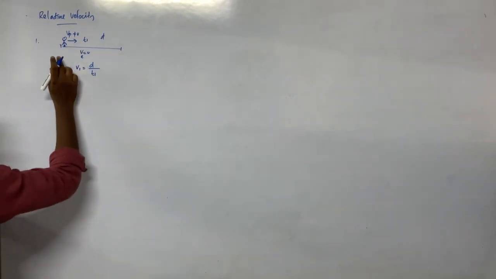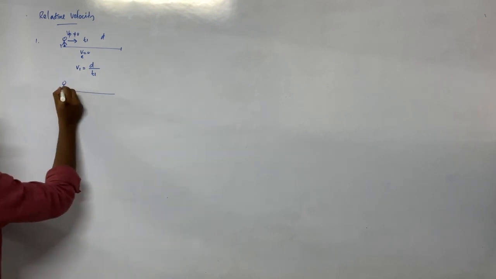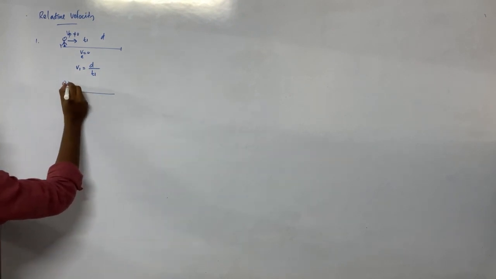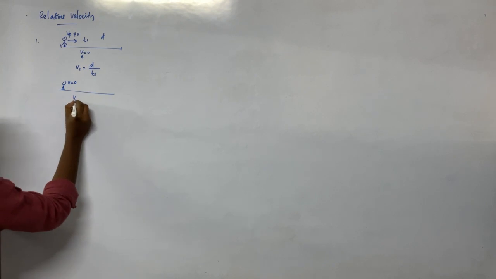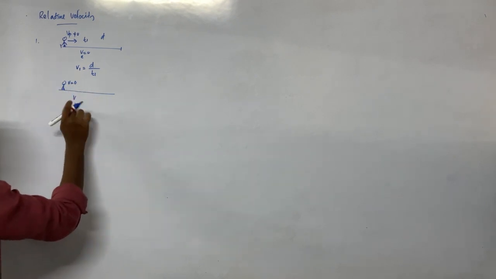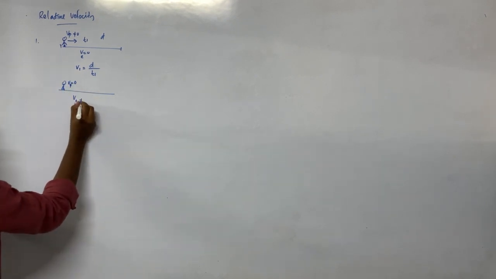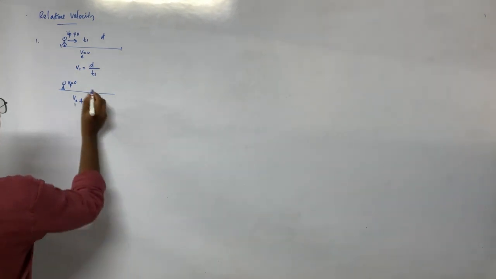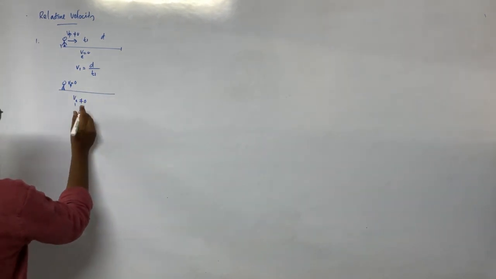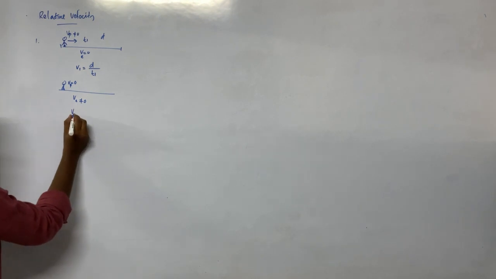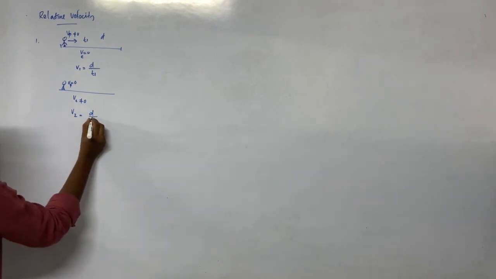Okay. Next case, if Preeti is just stationary, that is V Preeti is equal to 0, V escalator is not equal to 0, then this is the distance D. Then it takes time t2. So V2 is equal to D by t2.